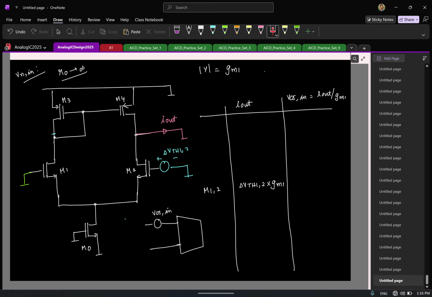To find the input referred offset, what do I do to this quantity? Divided by the gain, just like how we did for noise. We find the output quantity divided by the appropriate gain. So here the output quantity is delta VTH times GM. You divide it by the gain, you directly get the offset.